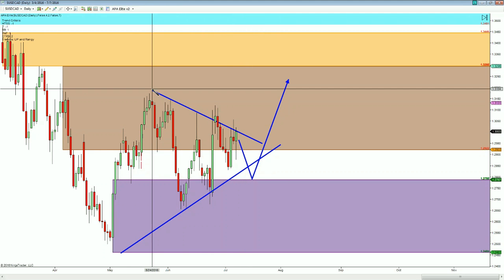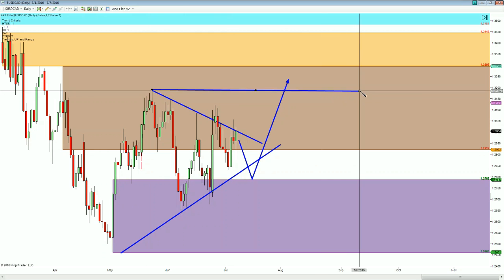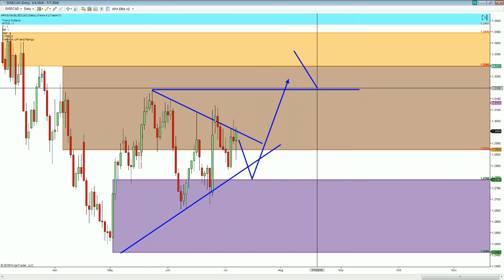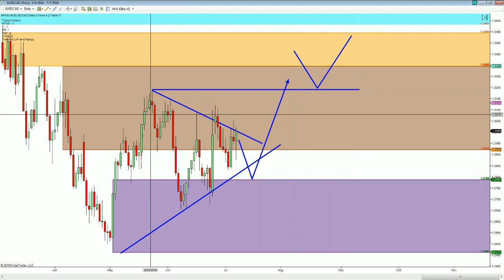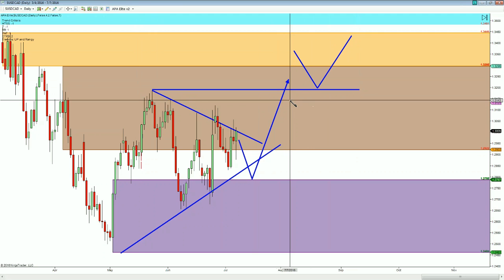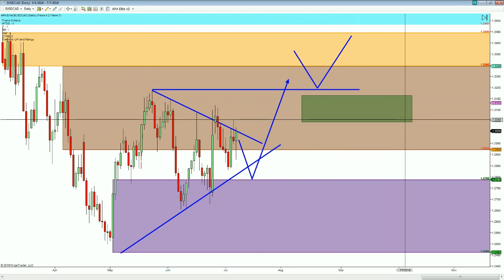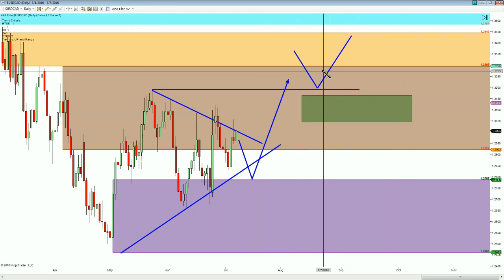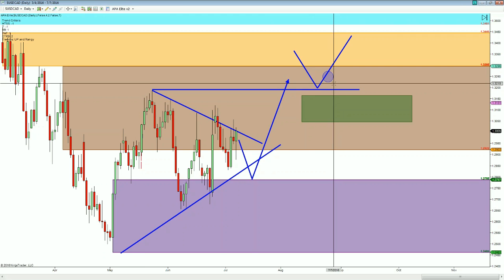So if we're going to be up, what I would like to see happen is a bounce off of the top here, okay? And basically for some type of level to form in this area, and then I would be a buyer right here, okay?